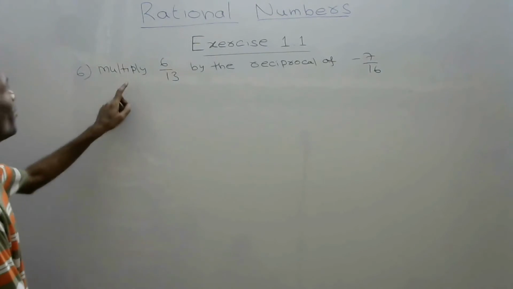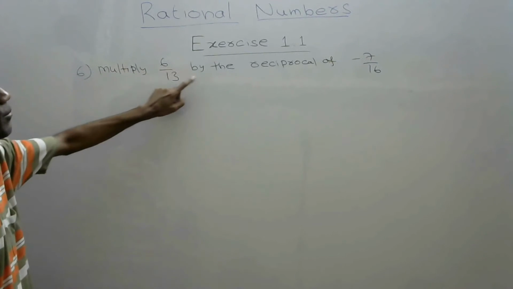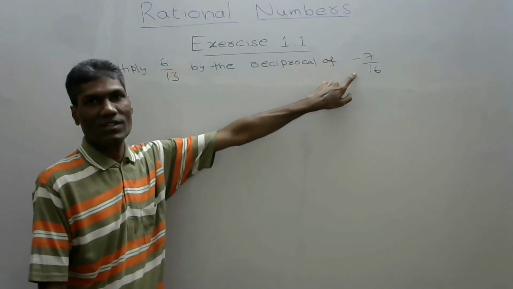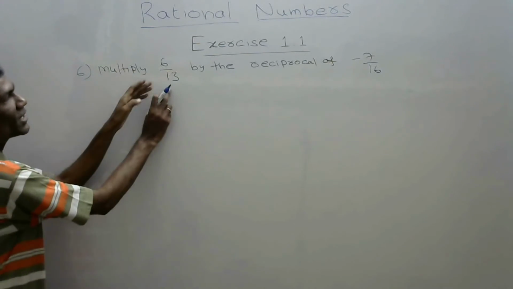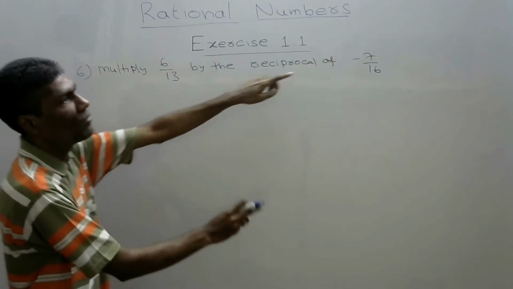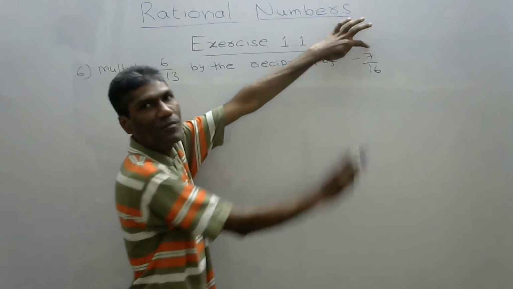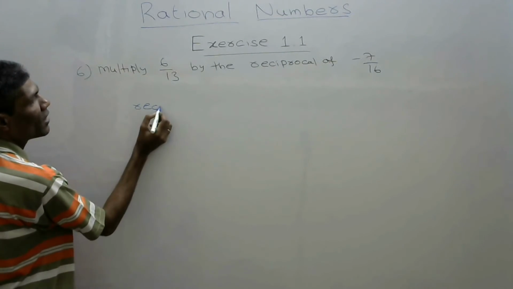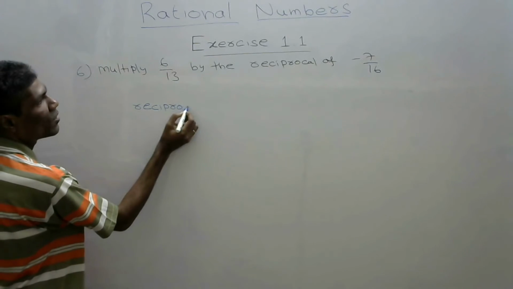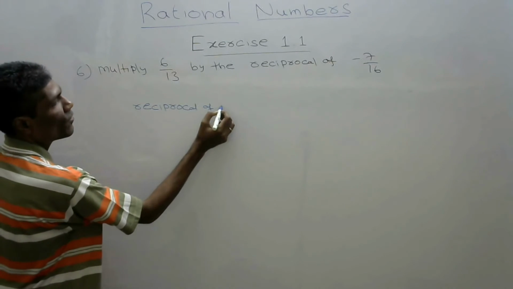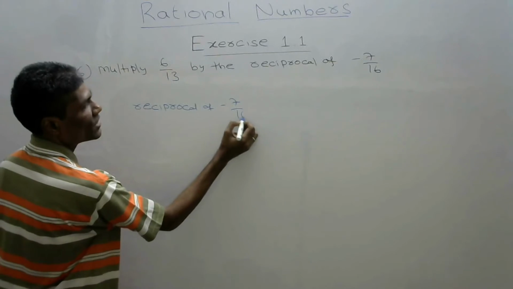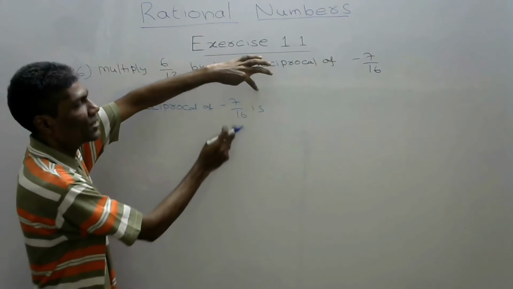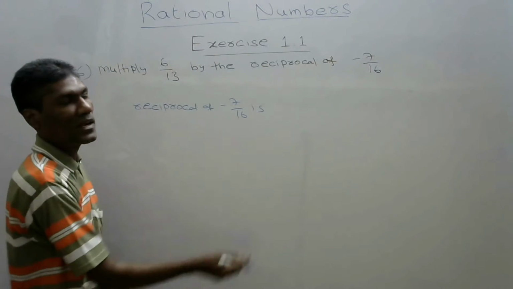Next, multiply 6 by 13 by the reciprocal of minus 7 by 16. Now, 6 by 13 into the reciprocal of minus 7 by 16. How do we find the reciprocal? Just interchange numerator and denominator.